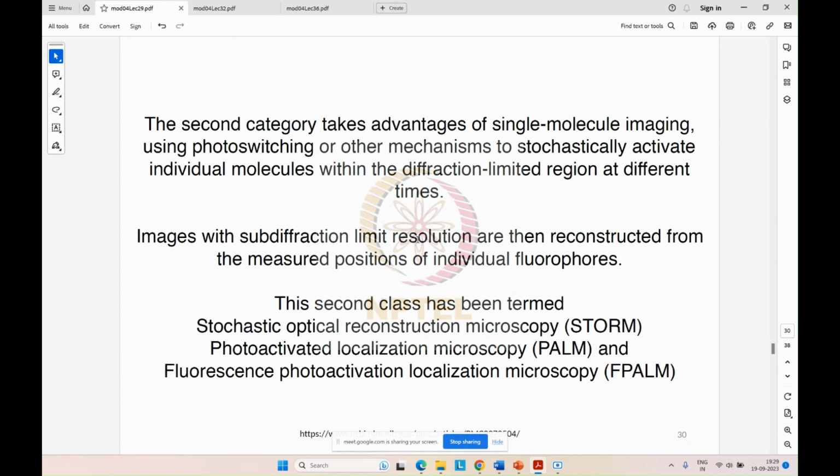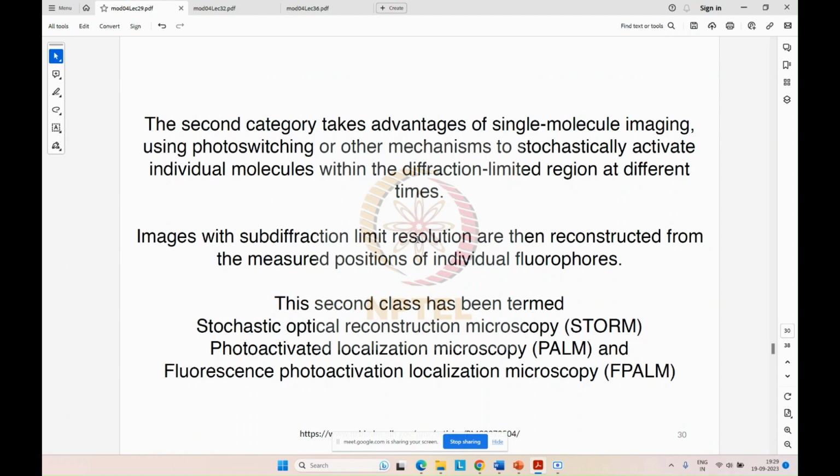Other method, photo switching, is a stochastic activity. When you're shining light at very low frequencies, you only excite some molecules and not all of them.